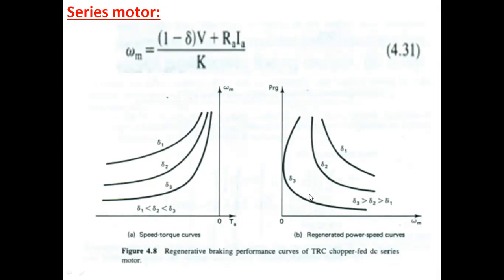Coming to the regenerative power, the regenerative power will be increasing as we increase the speed. See here, also the same, the regenerated power increases as we increase the speed.